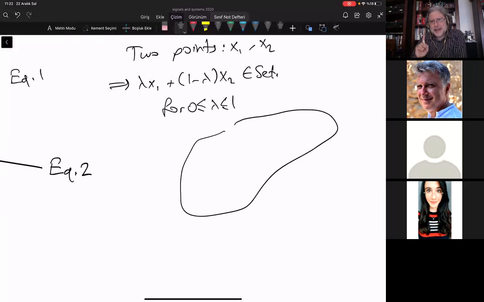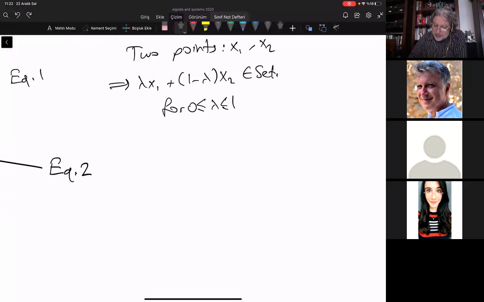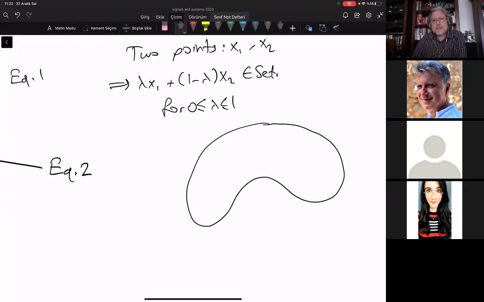This doesn't really look like a convex set, but let me draw a counterexample, which is not a convex set. For every two points that you choose, x1 and x2, everything on the straight line between x1 and x2 must stay within the set.